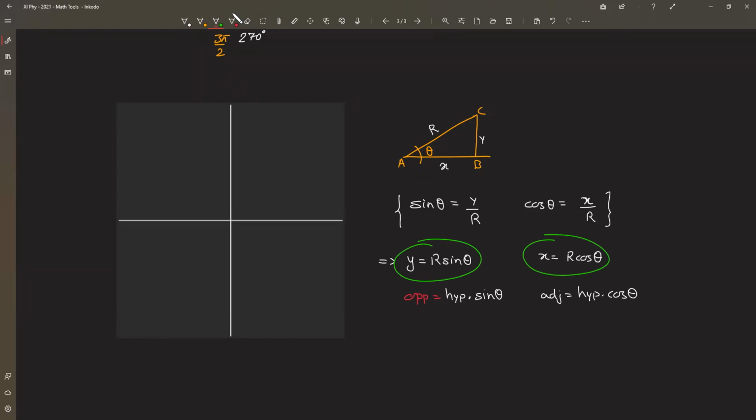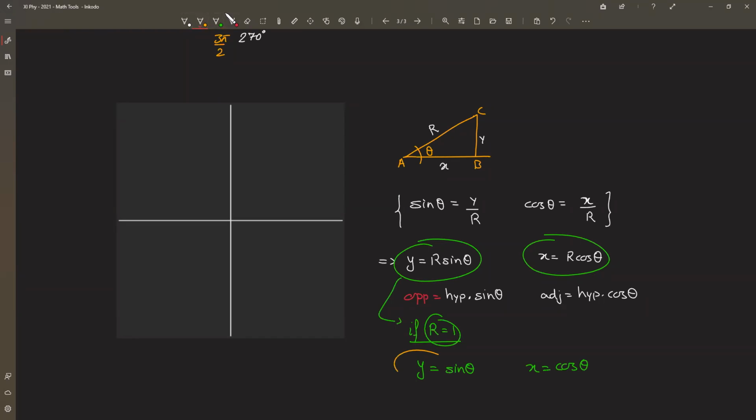Now, if in this case I say that R is equal to 1, that means if the length of AC is 1 meter, 1 kilometer, 1 centimeter, 1 decimeter, whatever, if it is 1 unit, then Y will be equal to sine theta and X will be equal to cos theta.